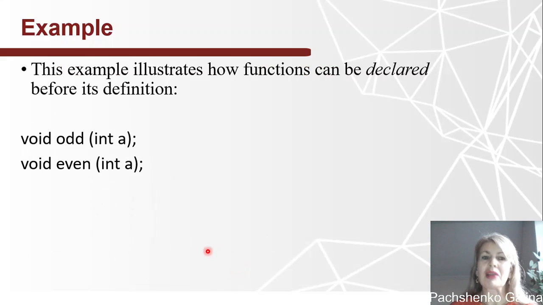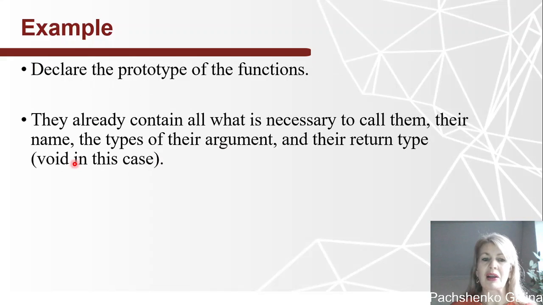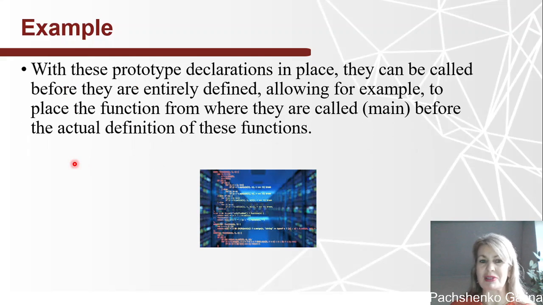Okay. This example illustrates how a function can be declared before its definition. So we did this first and then our functions. We declare the prototype of the function. They already contain all that is necessary to call them: their name, the types of their arguments, and their return type, void in this case.